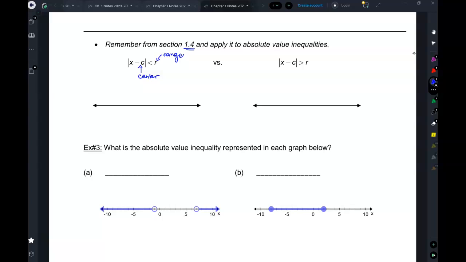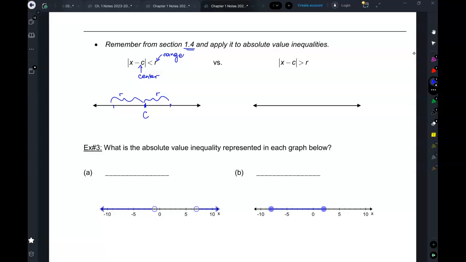Now, look at this one. This is a less than, right? Is that and or or? And. So what you do is, here is the center, and then you have 2 points here. This distance is r, this distance is r.